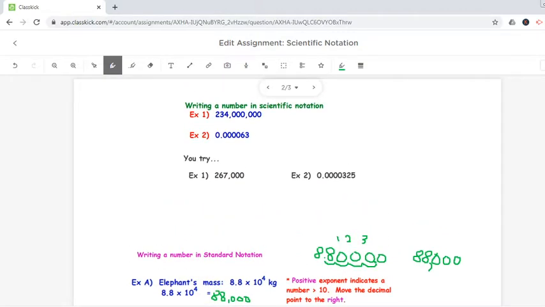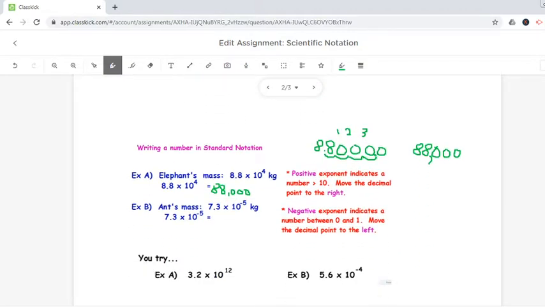And an ant's mass is 7.3 times 10 to the negative fifth. So we got 7.3 times 10 to the negative fifth. Negative exponent indicates a number between 0 and 1. Okay, move the decimal point to the left.